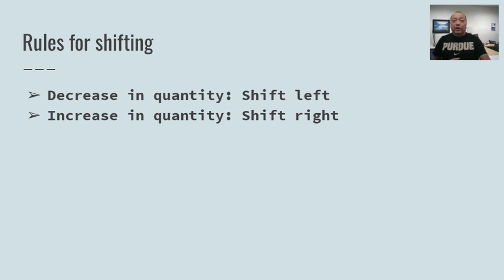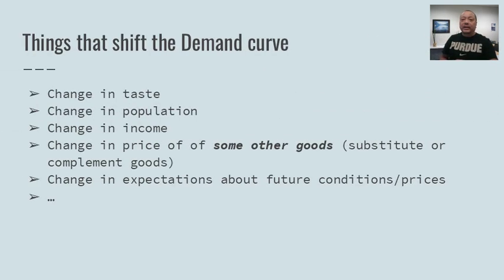I'm going to branch out of math and into econ a little bit and give you a list of a few things that shift the demand curve. Change in taste, change in population. For example, if lots of people move out to other countries or in from other countries. Change in income. For example, if there's an increase in minimum wage.